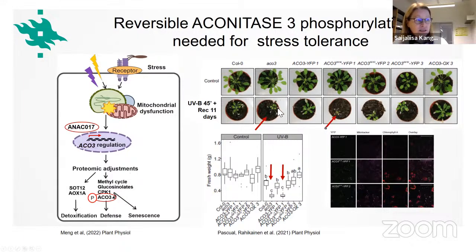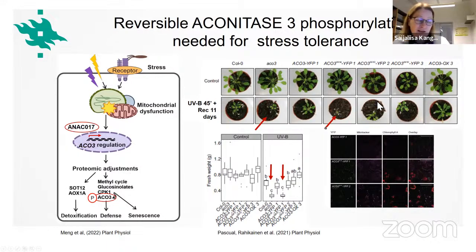And here you see that the aconitase knockout, just like in the submergence stress, it didn't survive or it didn't recover well from the treatment. And the same was true for lines where this phosphorylation event was totally prevented by mutating the serine 91 into alanine. So this is a phosphodeletion version of the protein.